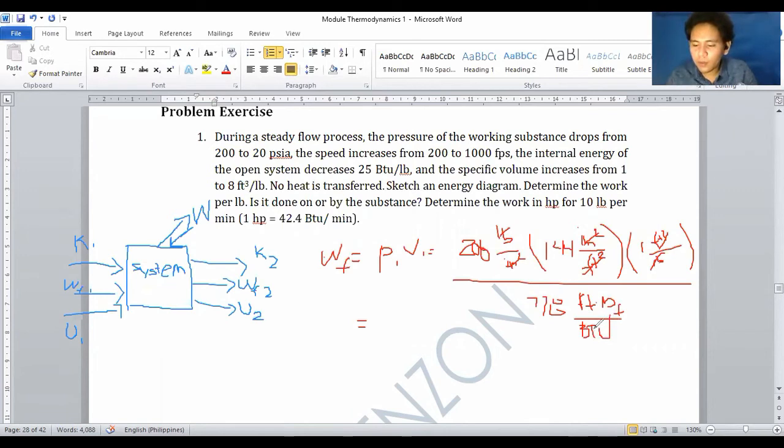Okay. Since this is a feet cube, we cancel also this feet. All we have left is BTU per pound mass. Your 200 times 144 times 1 over 778.